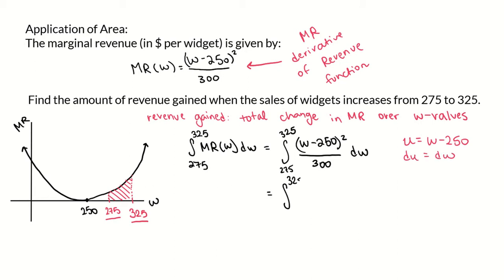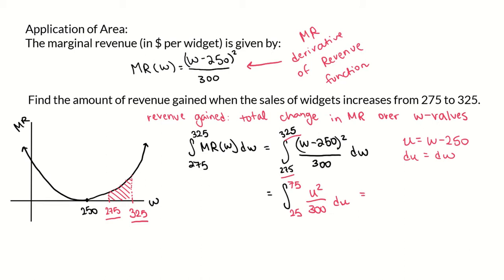And then we would have U squared over 300 du, and let's also change the bounds of integration. So U is W minus 250, so 325 minus 250 is 75, and 275 minus 250 is 25.